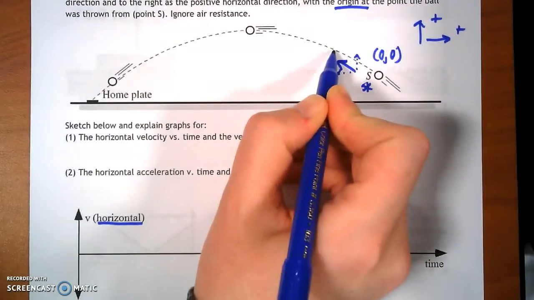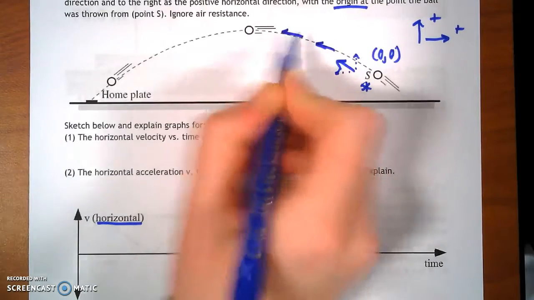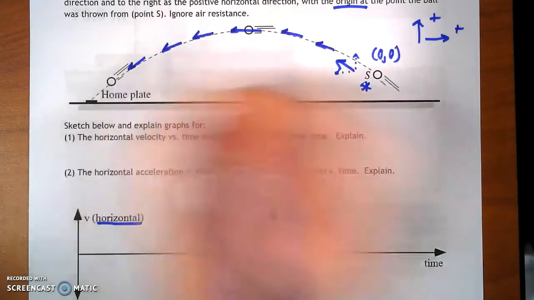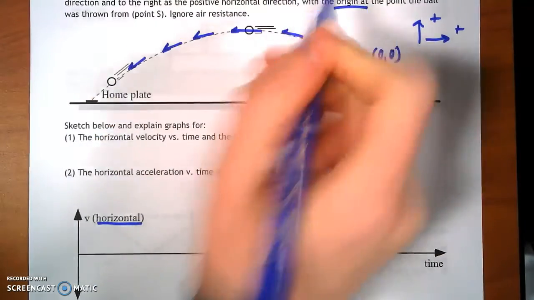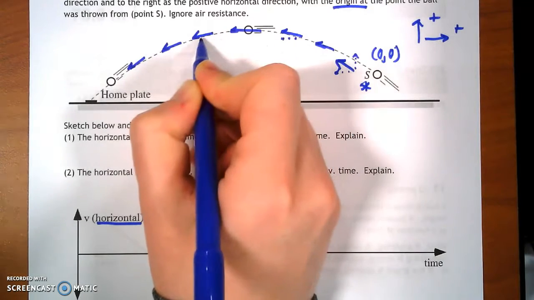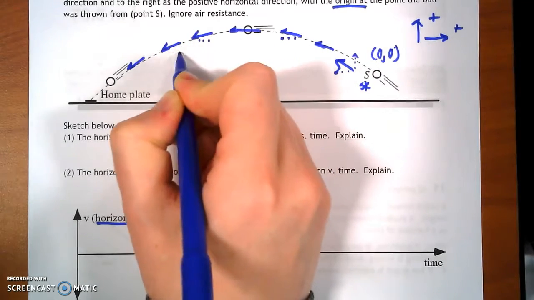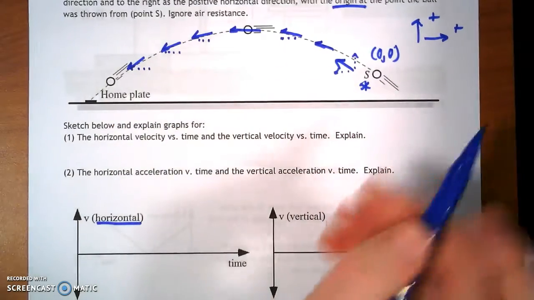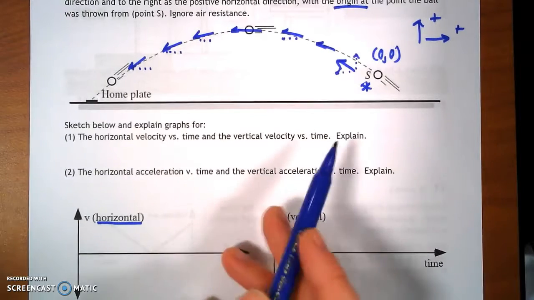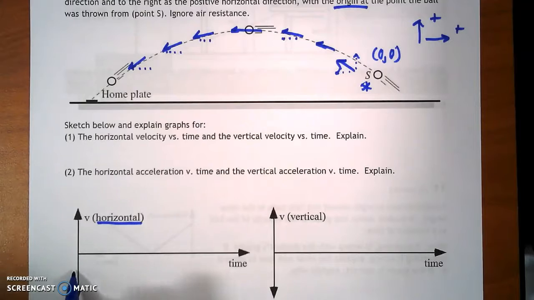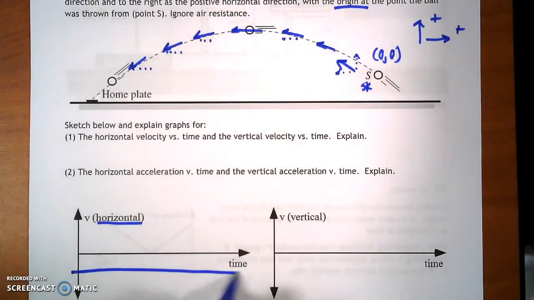As this ball travels along, its velocity vector is turning because of the acceleration of gravity, but those components each time in the x direction are always the same. In the y direction, we see a changing velocity, but in the x direction, I have a constant velocity because it is to the left, it is a negative horizontal velocity. So my graph should look like that.